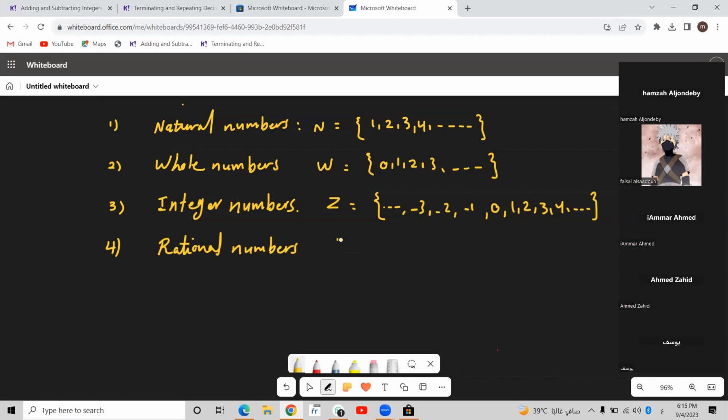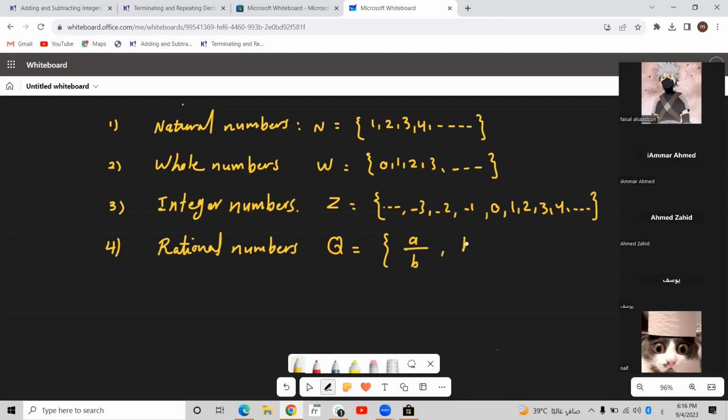Q. You know how to represent Q? It's anything that can be A over B, but B cannot be 0. Yeah, that's great. It's any number you can write as a fraction, A over B. But we have one condition, Ammar. Remember what the condition was? Yeah, that B cannot be 0.